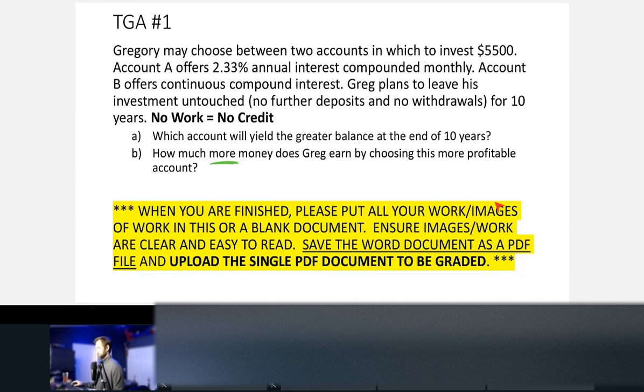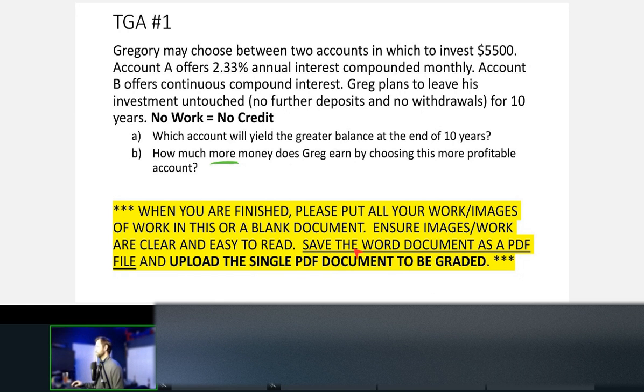Yep. All right. Oh, this must be important. When you are finished, please put all your work, images of work, in this or a blank document. Ensure images, work are clear and easy to read. Also make sure that it's rotated properly. I don't want to turn sideways or upside down to read your work.